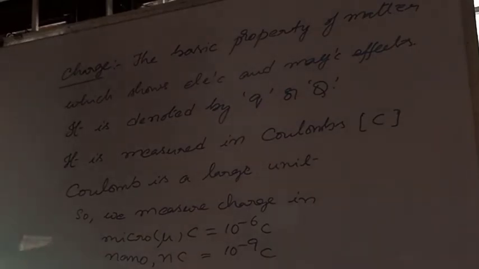We have already seen how a body can be converted into a charged body. Charge is a basic property of matter. Matter comprises molecules, molecules are made up of atoms, and atoms are made up of fundamental particles like protons, electrons and neutrons. So every matter or substance consists of charged particles, protons and electrons. That is why charge is a basic property.